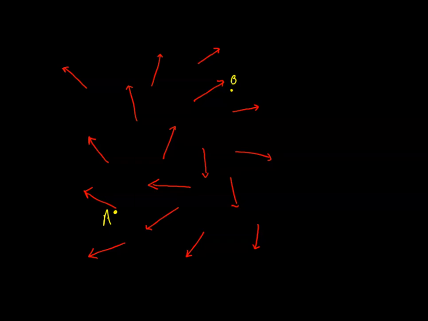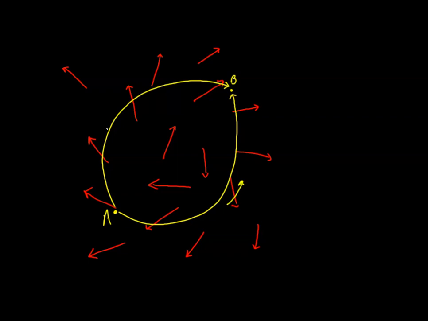If I move from this point A to point B around this way, I'm working against all of these lines of force. If I move in this direction, I'm moving with the lines of force, which means it takes more work for me to go this way than it does to go this way. So with this example, we do not have a conservative force.